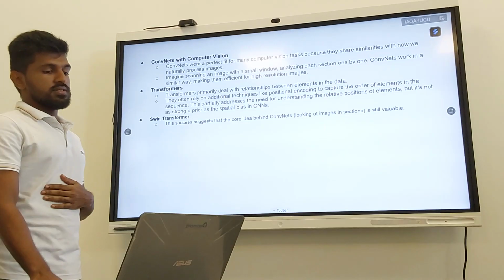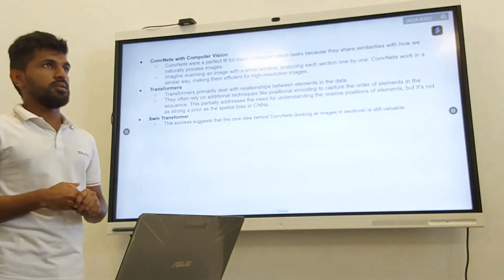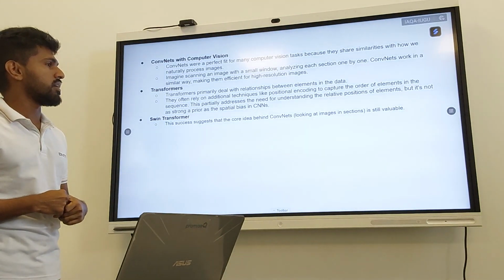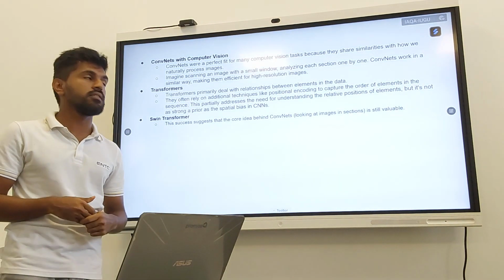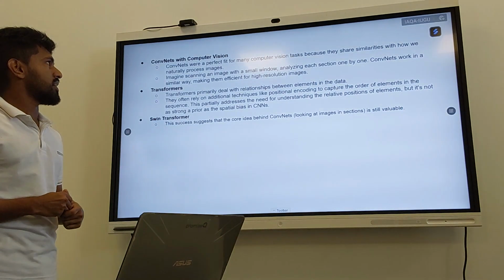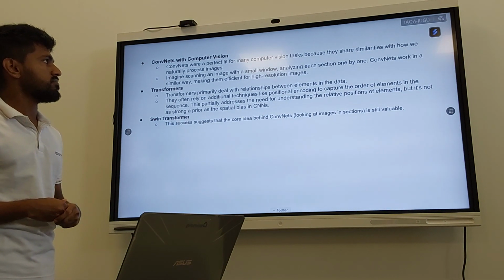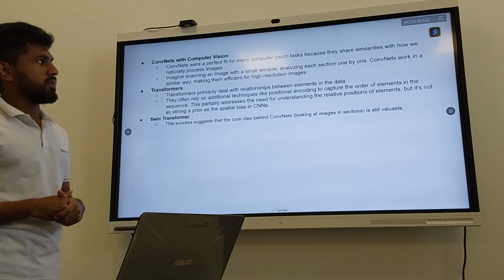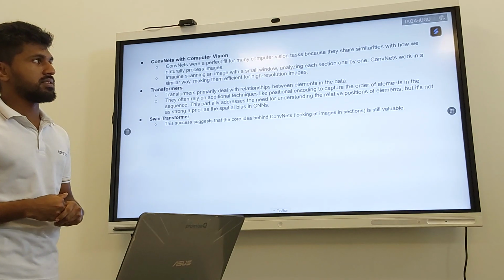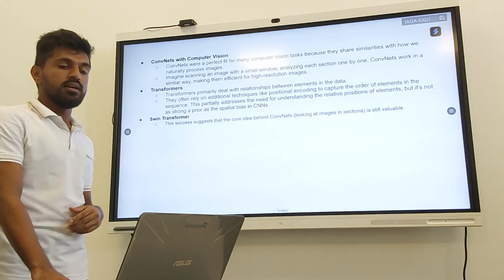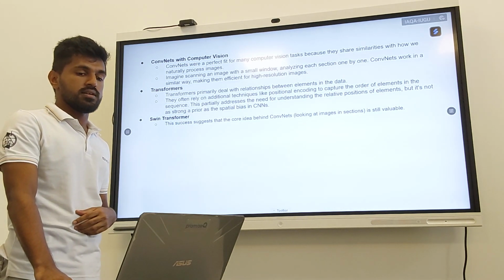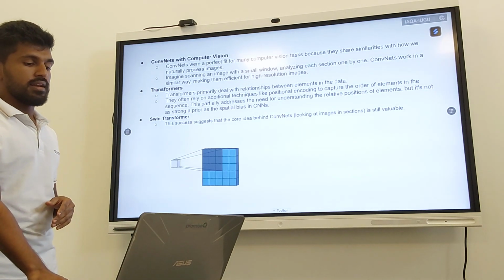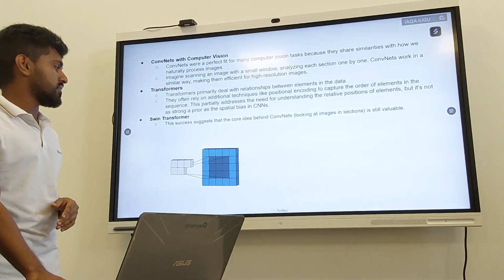First, last week we also talked about the inductive bias in convolution networks. Convolution networks were perfect for many computer vision tasks because they share similarities.